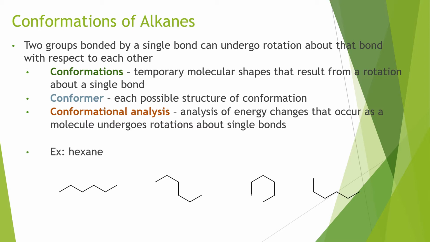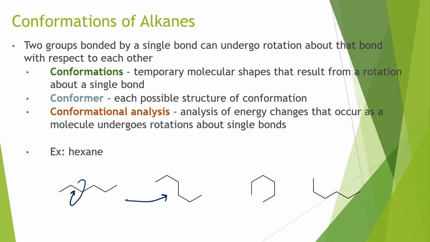So for example, all of the pictures below represent hexane. Now the first image shows just a linear hexane molecule the way that we usually draw it and the way that we usually see it. But if you were to rotate around this bond, causing this bond to come down, you would end up at this conformer.